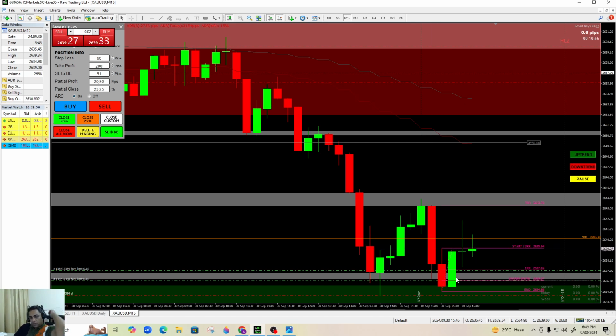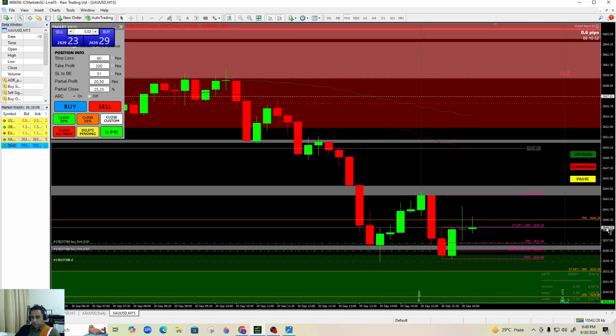So price could be just pulling back to continue further down. That's possible too, pull back to continue further down to this area, and then we get a trade. But because of the reason I said, we are looking to take a trade here, ideally to this resistance area.